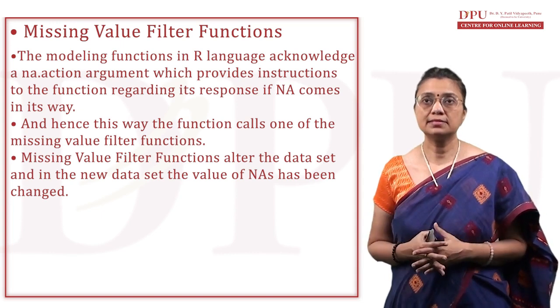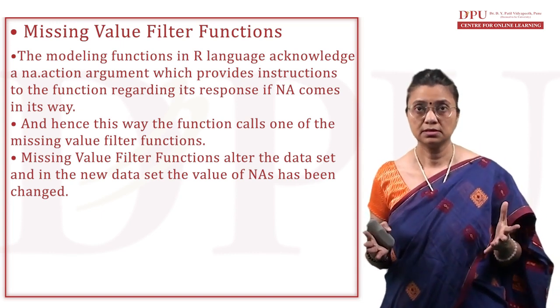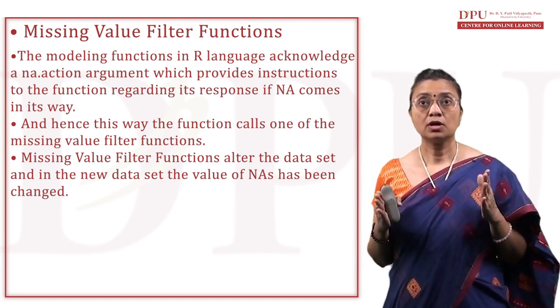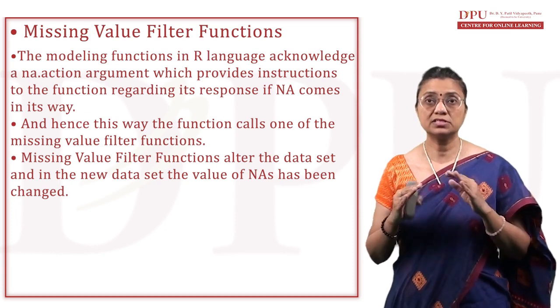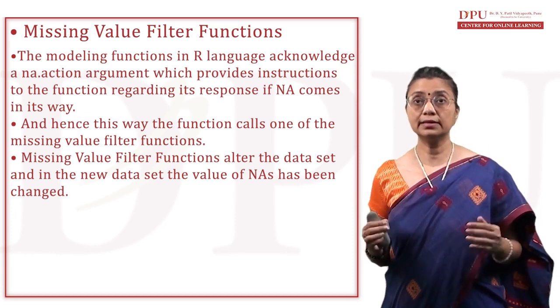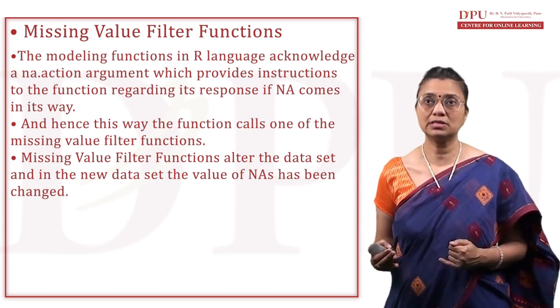So the missing value filter functions will change the data set, and in the new data set the value of NA is replaced with something new. That is one thing we have to understand: with the help of missing value filter functions, we can change the values in the data set.